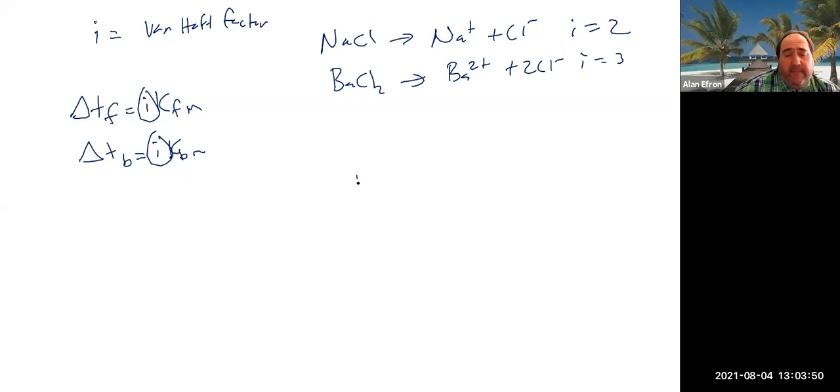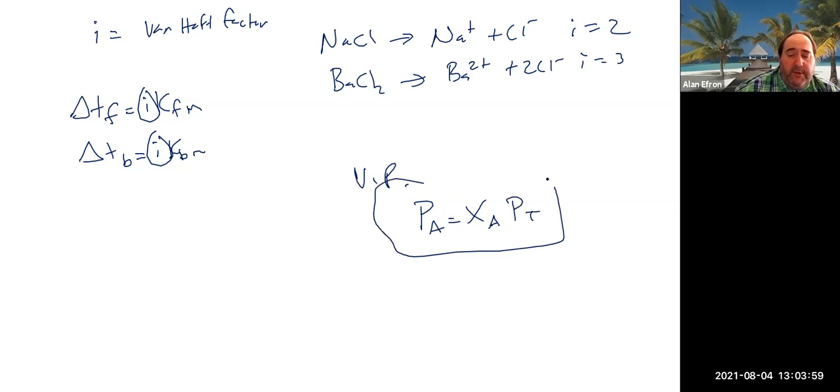We also talked about vapor pressure lowering, where we have the pressure of the component, the mole fraction of the component, and the total pressure. Again, you could calculate the vapor pressure of a compound, and that is also lowered by it.